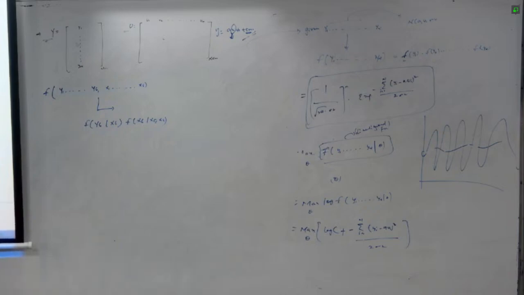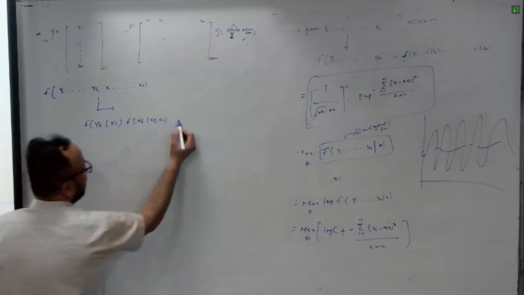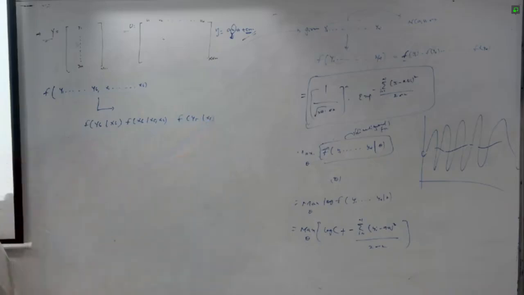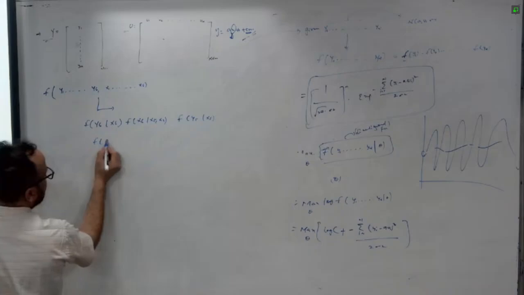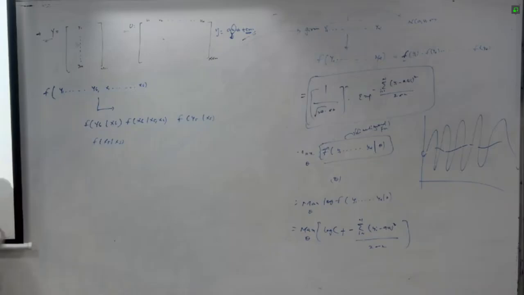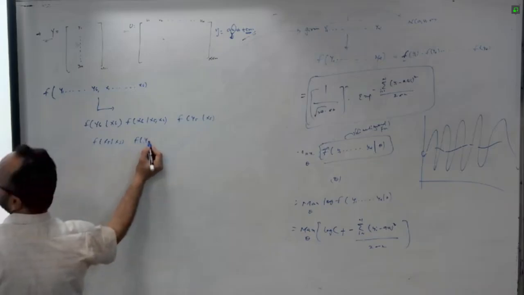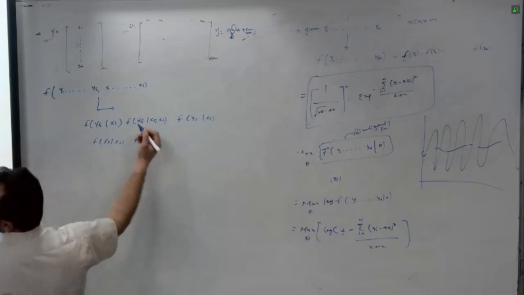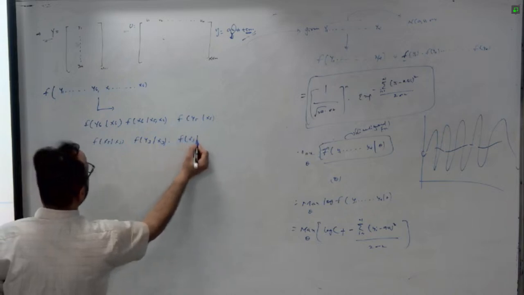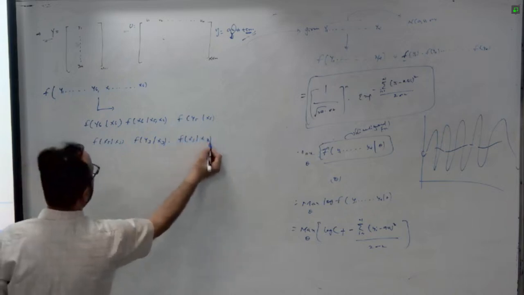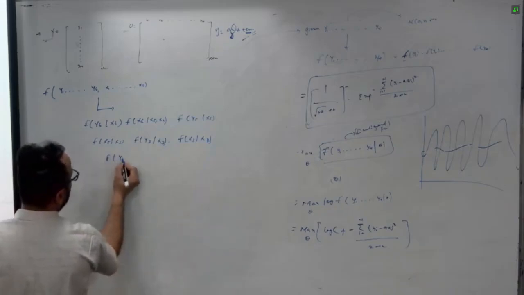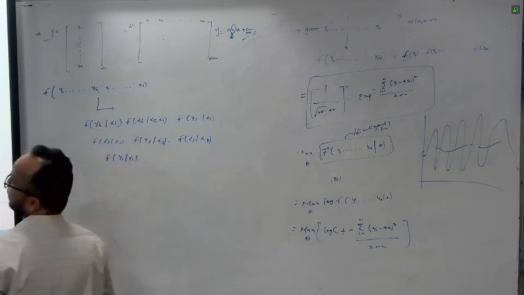So the probability function of y5 depends on x5, and then x5 depends on x3. The arrow which is coming out is what we are interested in: y3 given x3, and you have f of x3 given x2, x1. And you have f of y1 given x1, and x1 is an independent variable.